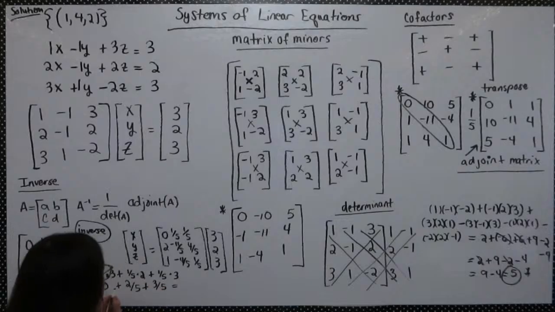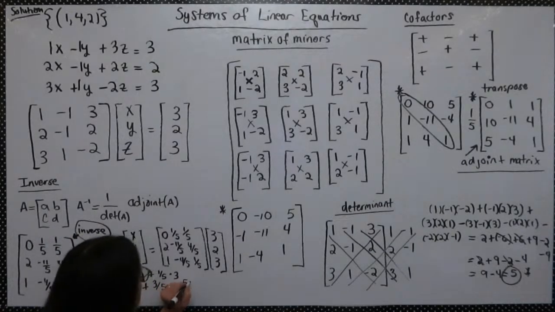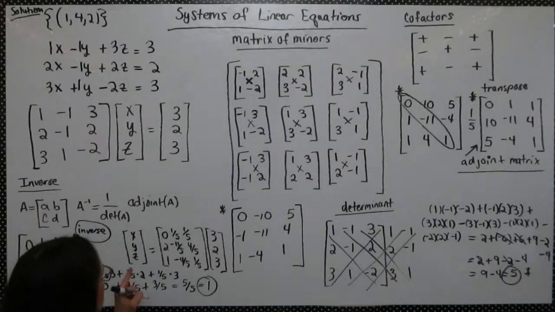So we have 0 plus 2/5 plus 3/5, that's just 5/5, which equals 1. So x equals 1.